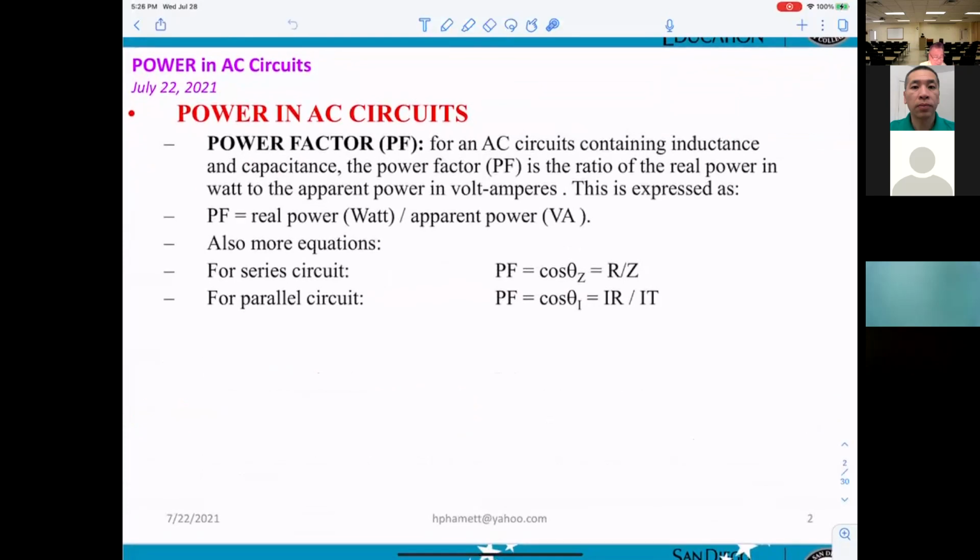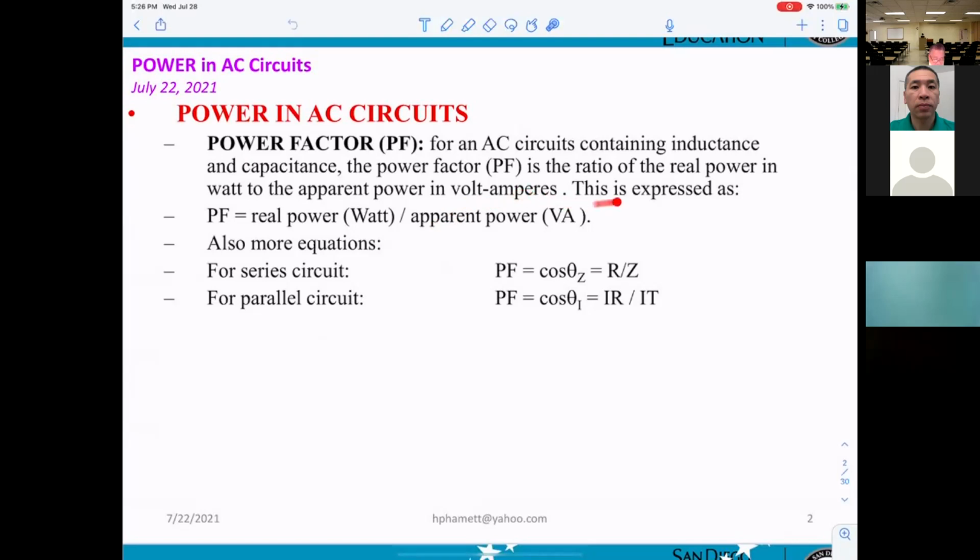Okay, power in AC circuitry, power factor, PF, for an AC circuit containing inductor and capacitor. The power factor PF is the ratio of the real power in watts to the apparent power in volt amperes.